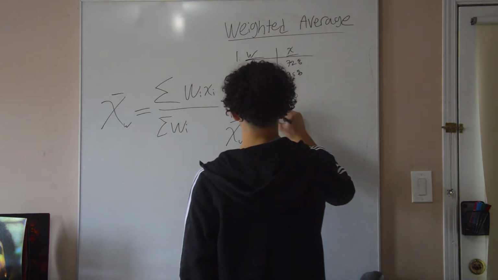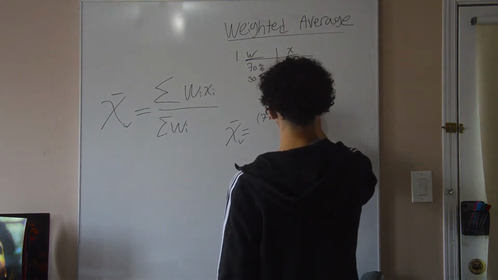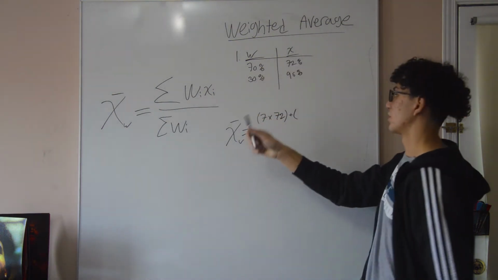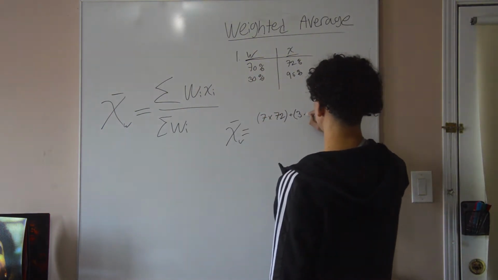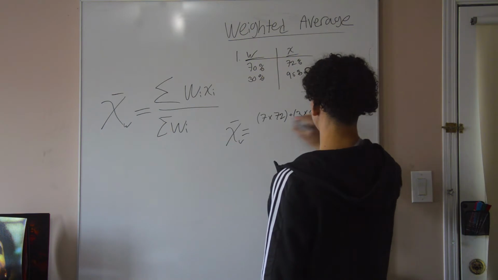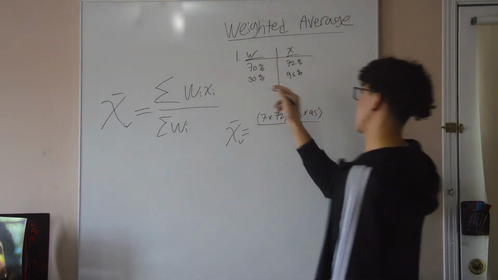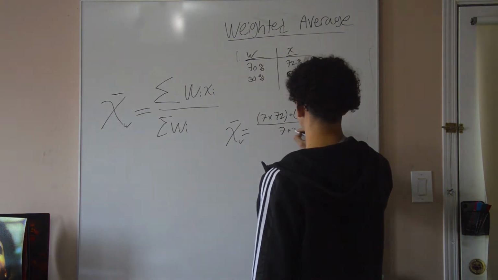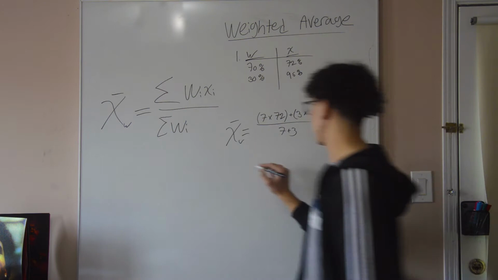So weight 7 times x: 7 times 72 plus, the second weight is 3, so 3 times 95, just like that. And now we're just going to find the sum of the weights, so 7 plus 3. And from here, it's just math. We simplify.